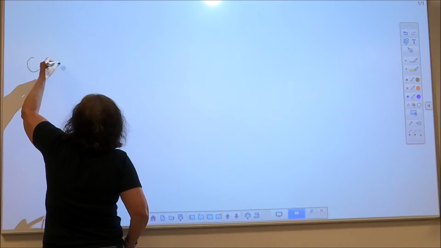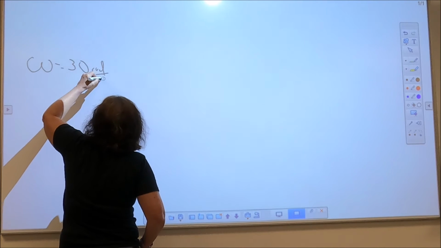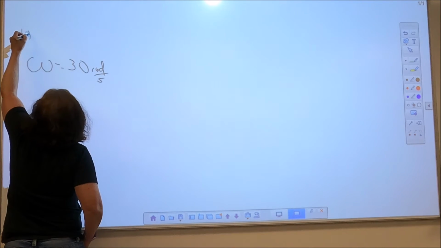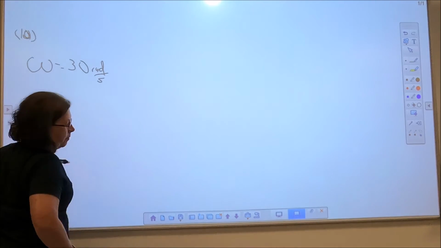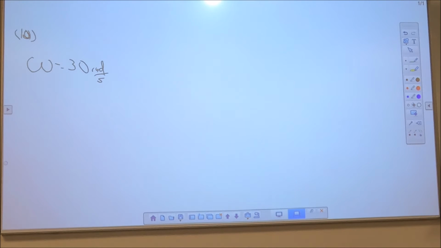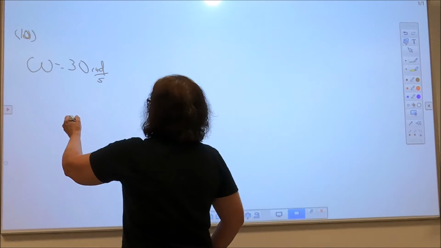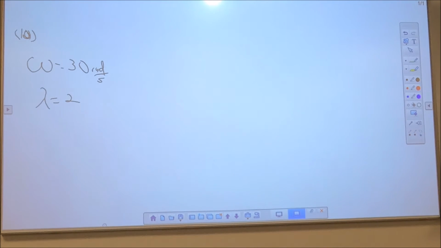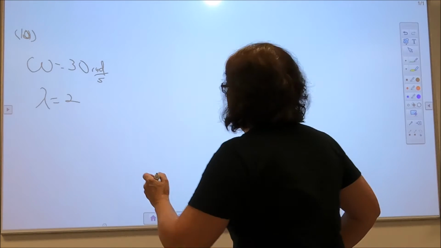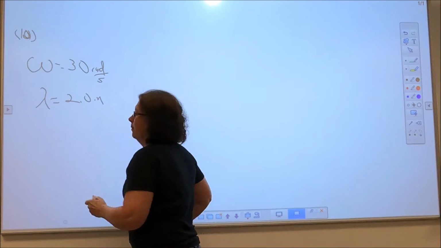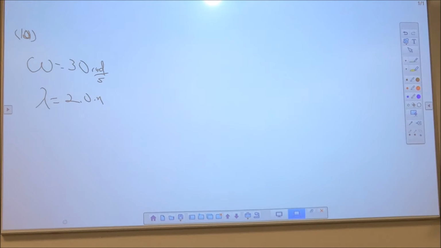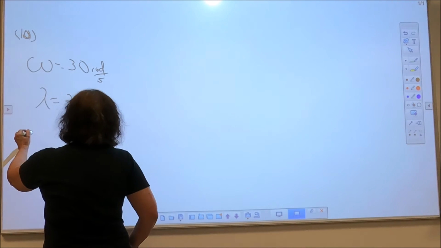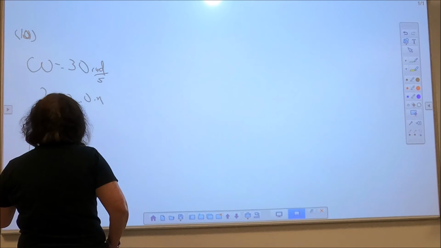So, omega equals 30 radians per second, and a wavelength, lambda, of 2 meters. It asks us, what is the wave number and the wave speed? So I want the wave number k and the wave speed v.